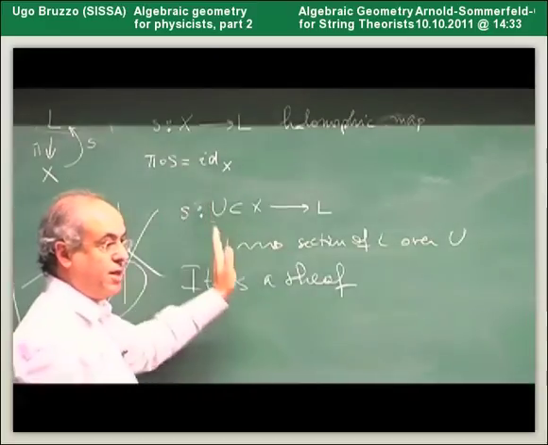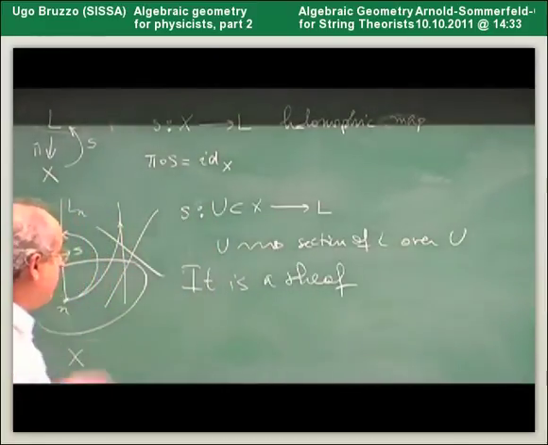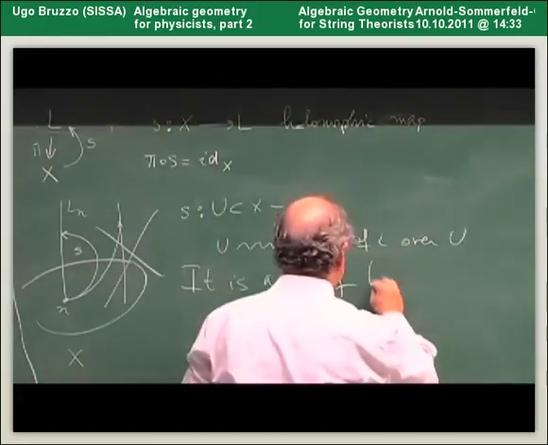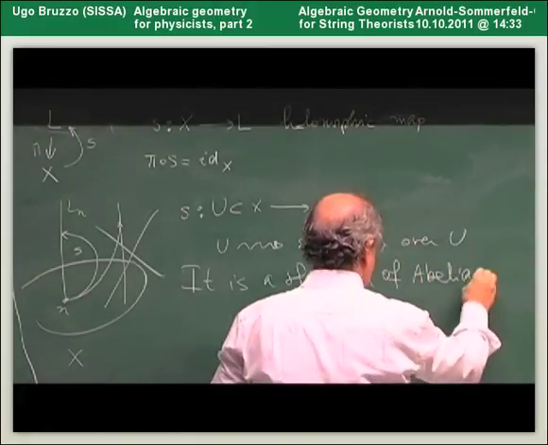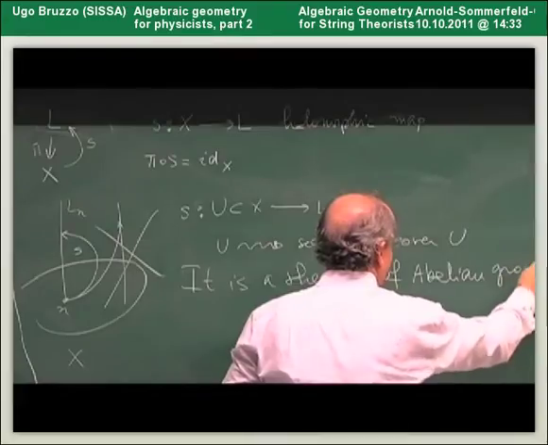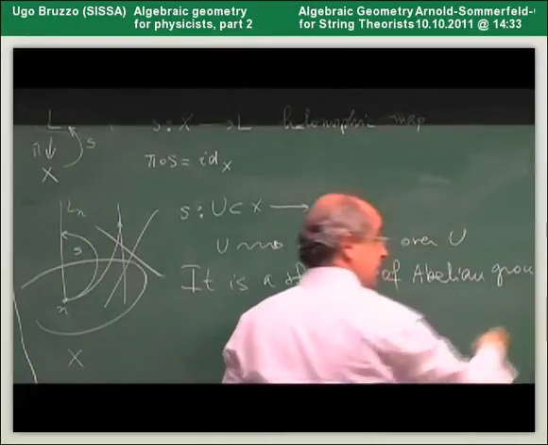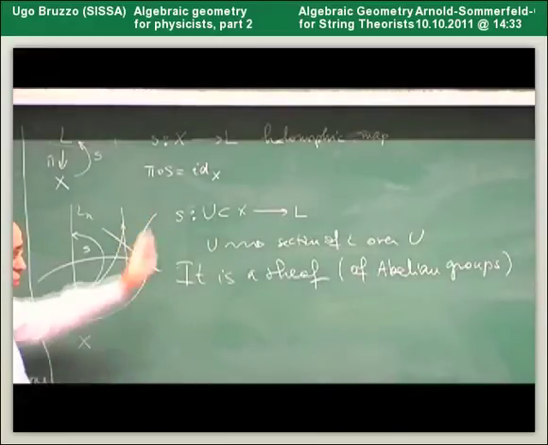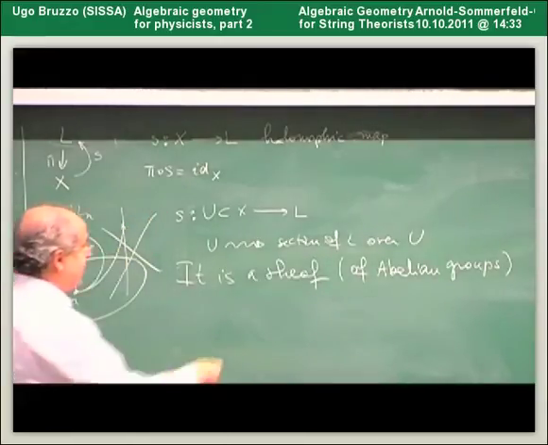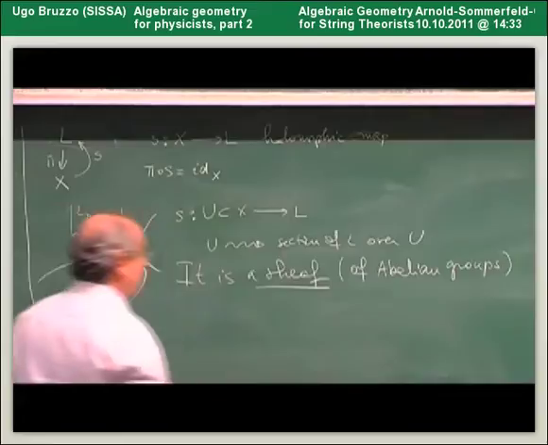This is just a matter of checking. In particular, it's a sheaf, for instance, of abelian groups, because it's possible to define a sum. This is a linear object. It's possible to sum two sections. And you can easily prove that it is a sheaf.